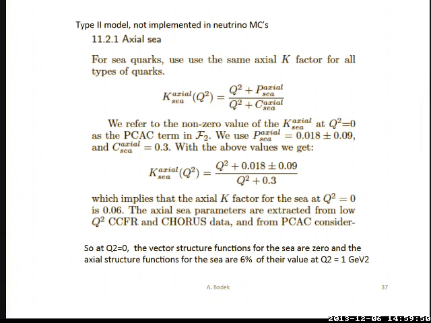But you want to add a small term to it, which is not so big. This term means that you go from 1 to 0.06. So the axial structure function indeed is not 0 at q squared equal to 0, but it's 6% of what it is at q squared equal to 1 or 2. So this is what we did for the C, because of PCAC and it's been measured supposedly by CCFR.